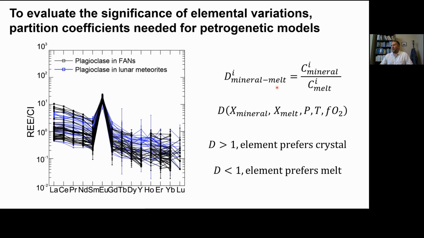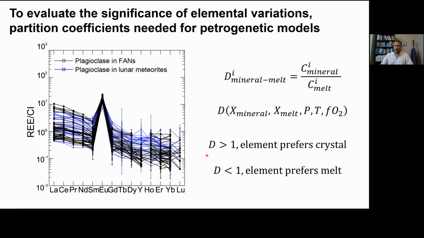So these mineral melt partition coefficients can be experimentally quantified, and then if the concentration of an element in a mineral or melt is known, the concentration in the corresponding phase can be solved for using the definition of the partition coefficient. Partition coefficients are composition dependent, pressure dependent, temperature dependent, and in the case of europium, oxygen fugacity dependent.